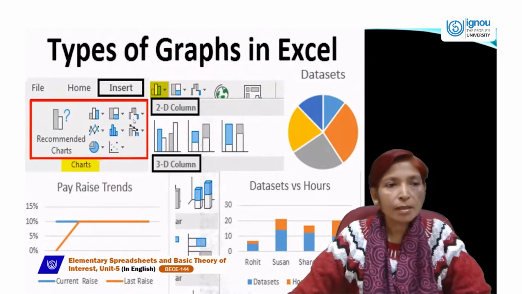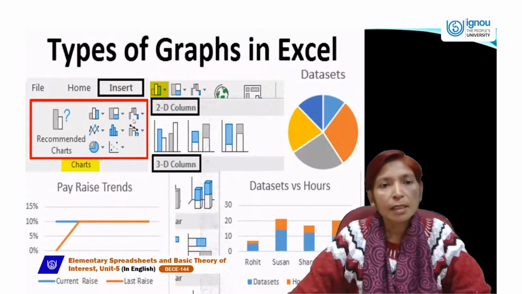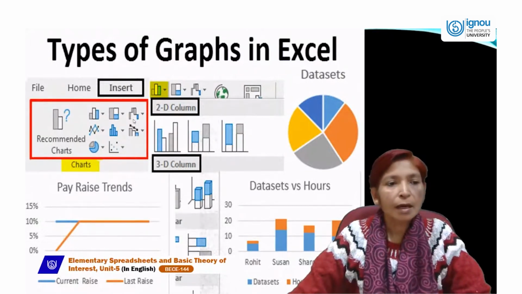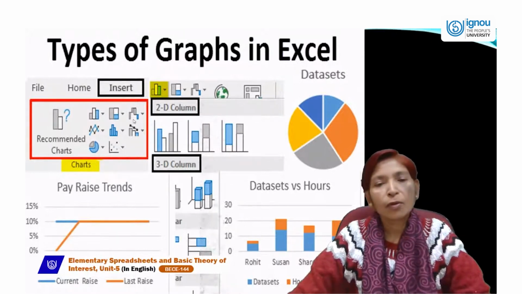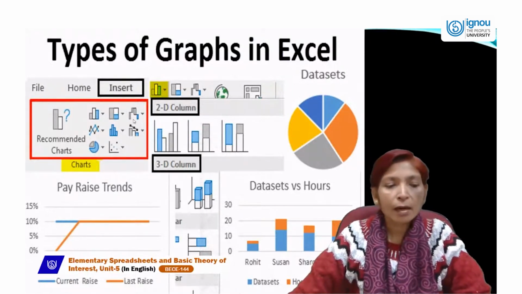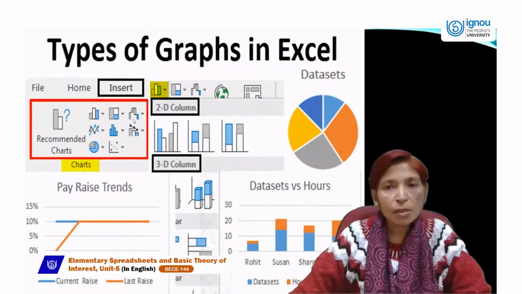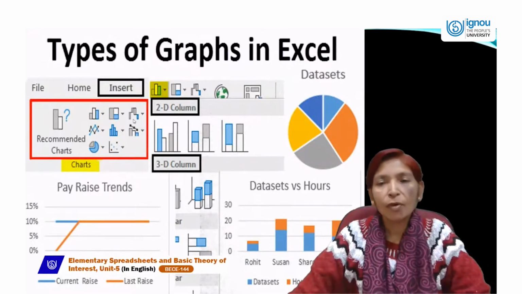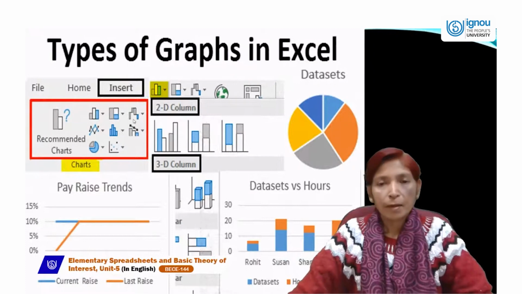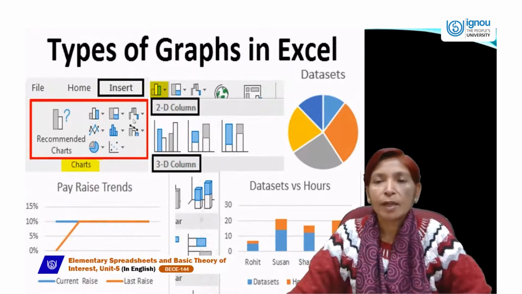If we open this Insert, in diagrams we have so many diagrams like 2D column, 3D column, and charts like flow chart and histogram, bar diagram, pie chart, frequency curve, and line graph. So we can use whatever graph we want to make with the help of the given data.